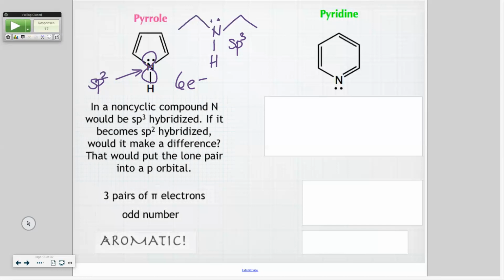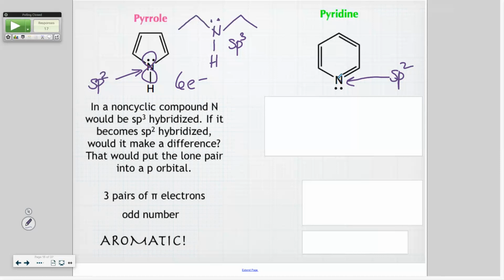3 pairs, aromatic. Okay, what do you think about that one over there? So look at that nitrogen. Think about it. If you look at this nitrogen, what hybridization is it, without even worrying about whether the thing is aromatic or not? It's sp2 because there's a double bond.